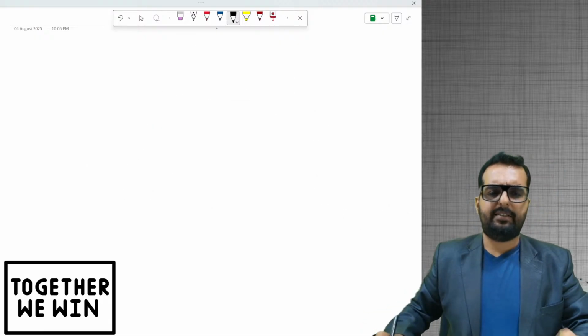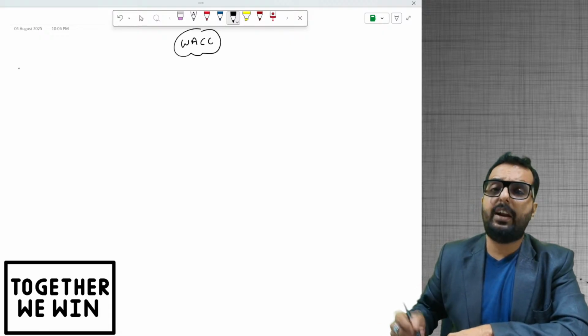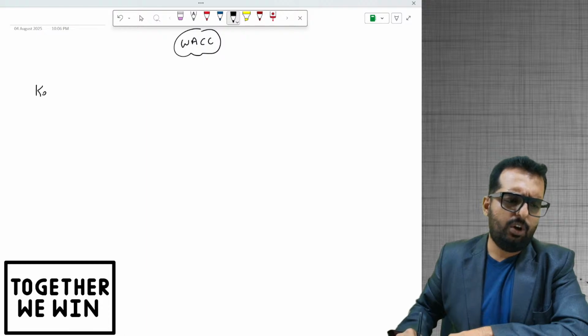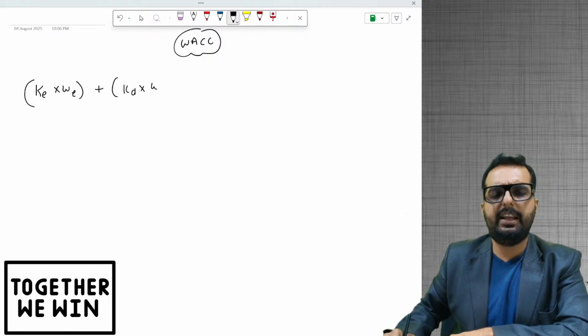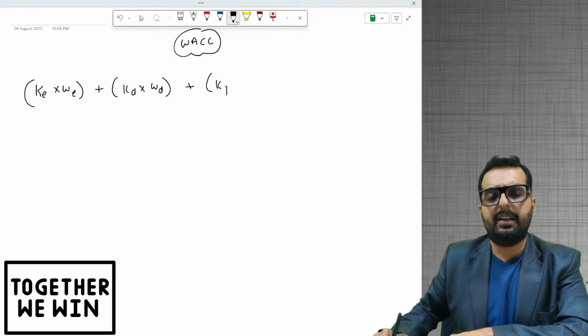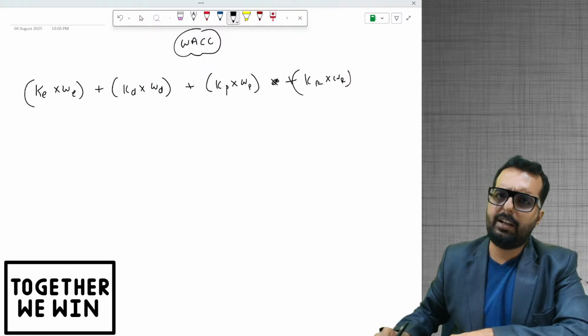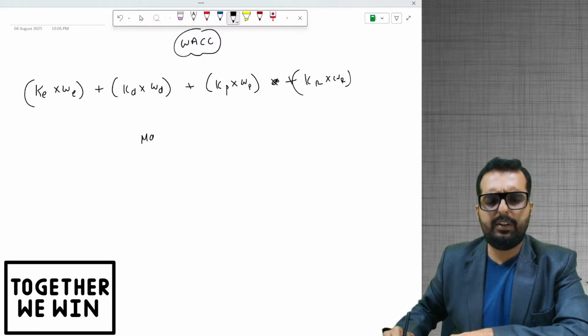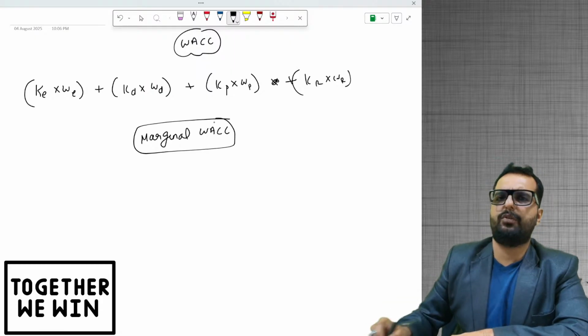Fantastic. Once you're done with this, now we can find out WACC, that is nothing but the weighted average cost of capital: KE into weight of equity plus KD into weight of debt plus KP into weight of preference plus KR into weight of R. Everybody clear with this part? If you are clear with this, then we will also learn one more thing called marginal weighted average cost of capital.